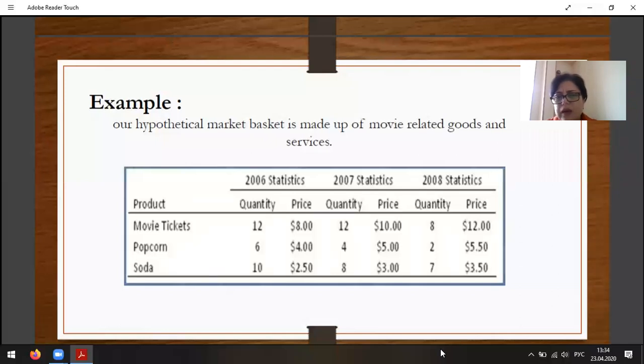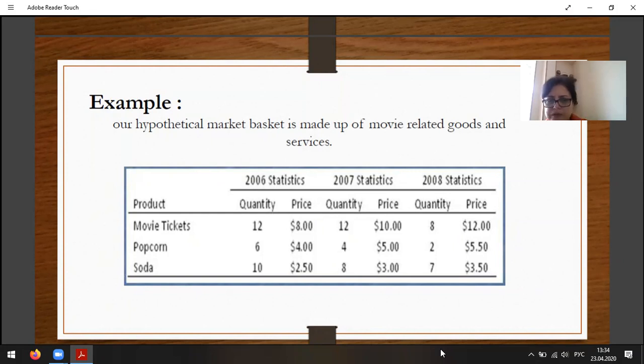I decided to use hypothetical, randomly chosen years. You can see three types of products, for example movie tickets, popcorn, and soda. For every year, you see the different quantities and respective prices of every item.